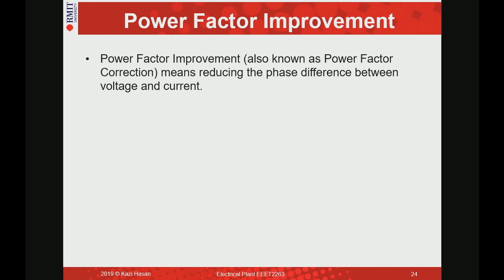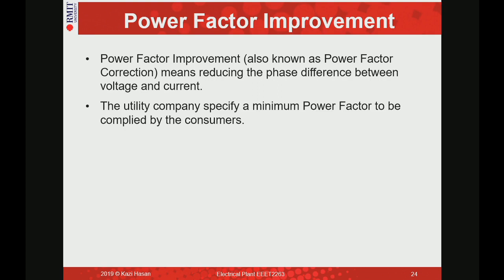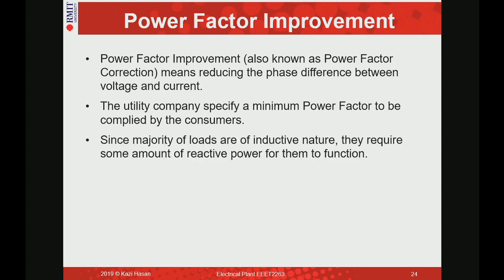Power factor improvement, also known as power factor correction, means reducing the phase difference between voltage and current. The utilities want to maintain a power factor close to unity, but the majority of the loads have inductance.